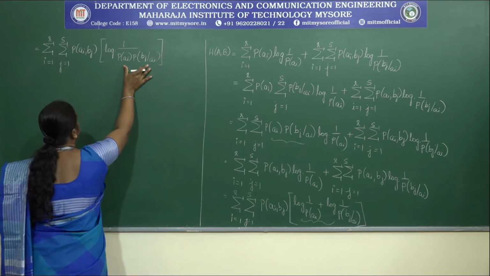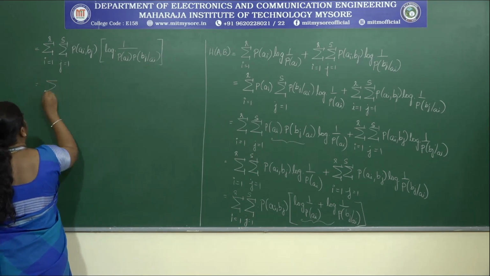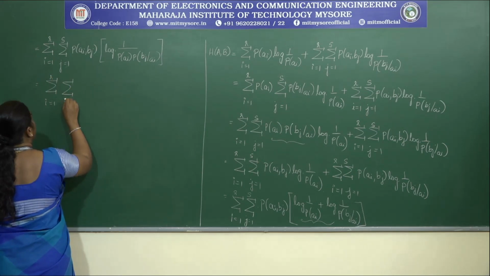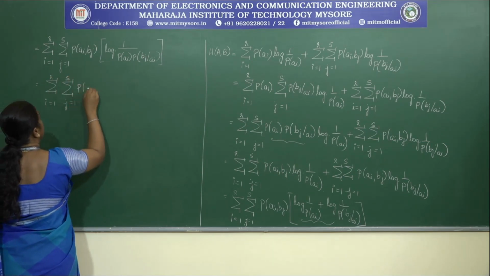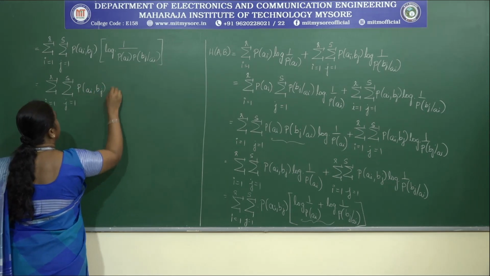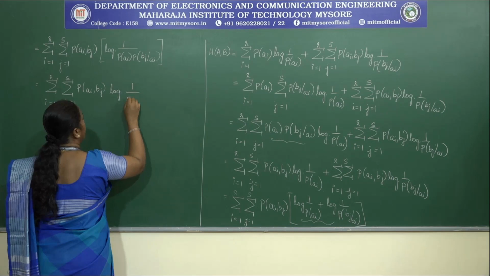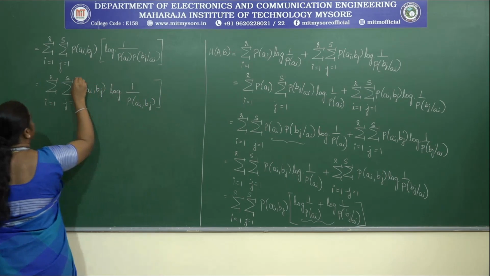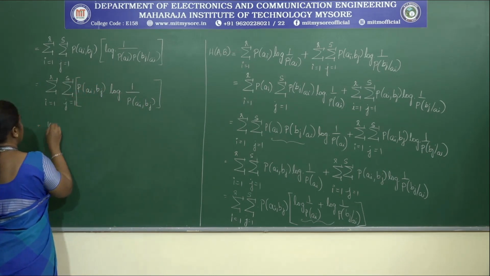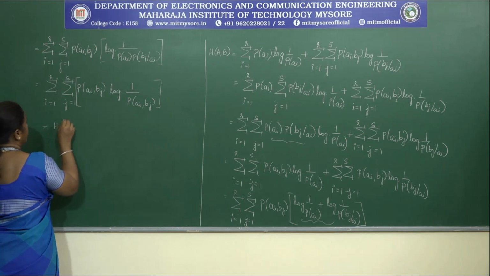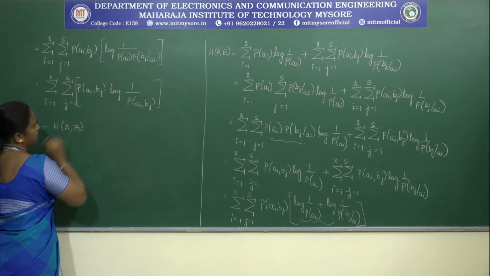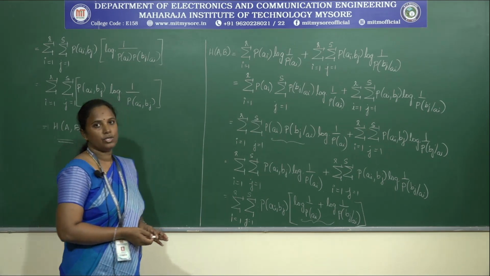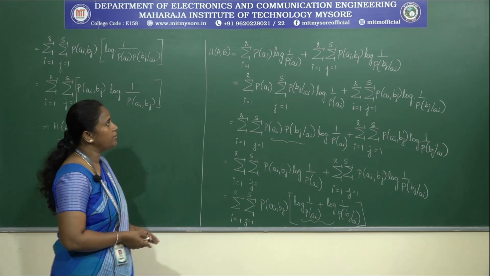It can be written as the summation of i equal to 1 to r, double summation of j equal to 1 to s, p of ai comma bj into log of 1 by p of ai comma bj. So this is what we need to arrive at, which is nothing but h of a comma b.